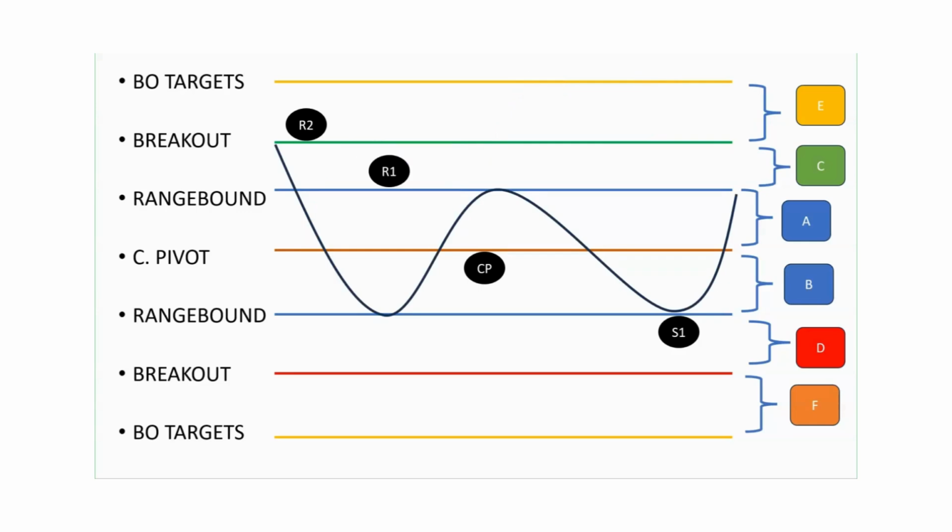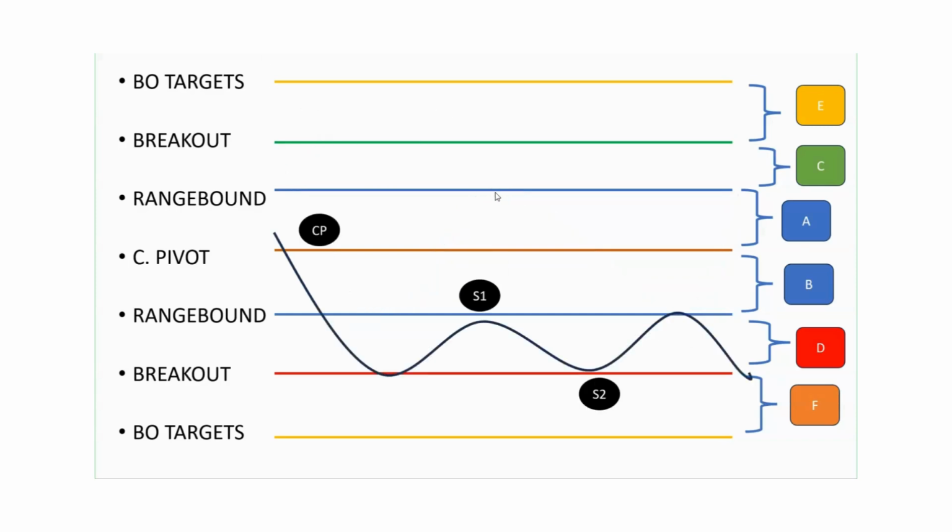Another type of movement is there where suppose the price opens at the R2, at the breakout point, but it does not break out. What it does is that it will come down to the R1, then breach the pivot point, and then come down to the support 1 point, and then keep on moving between the resistance 1 and the support 1.